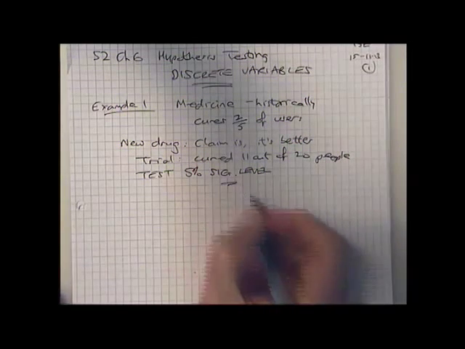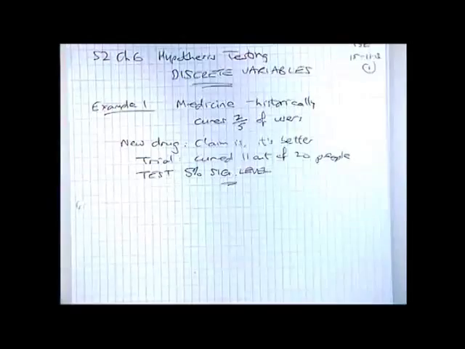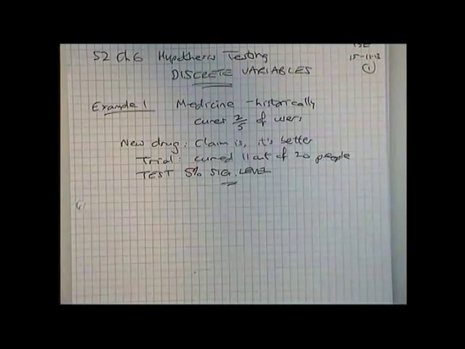If you think about it, this is quite a common real-world example. There's millions of pounds in the drugs industry, and that's the medical sort. So this sort of thing is very important.